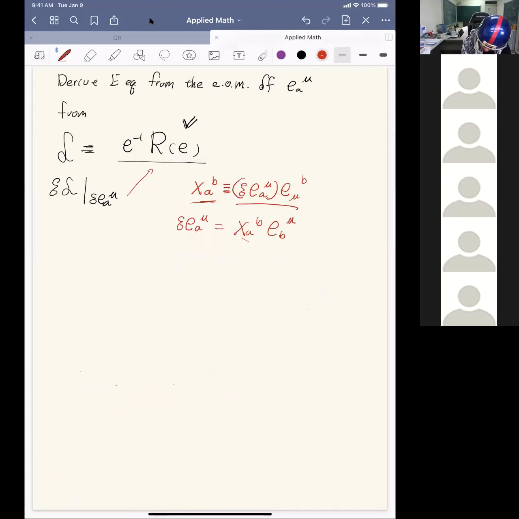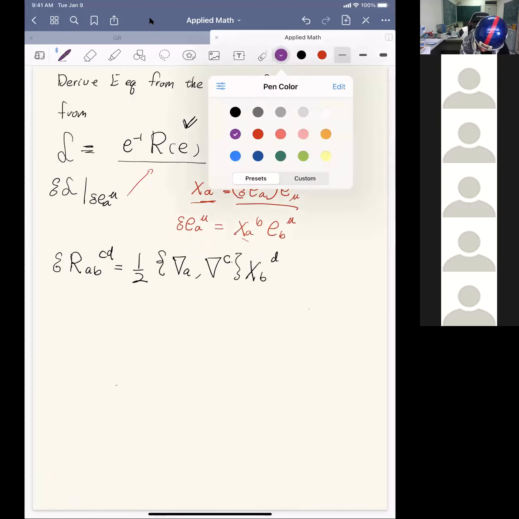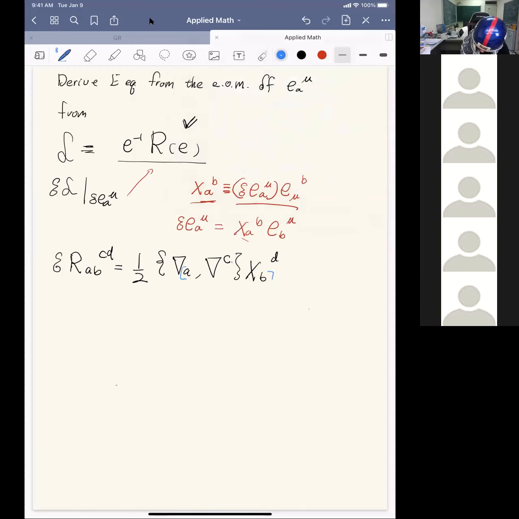Therefore, you derive that your variation of R ABCD is given by just 1/2 the anti-commutator of A, and I can write it the anti-commutator of C, but with XBD, where, as always, I anti-symmetrize with respect to A, B, and also anti-symmetrize with respect to CD. Okay.